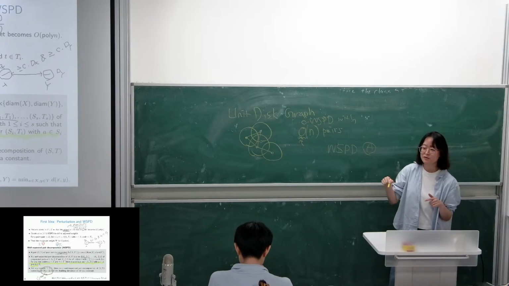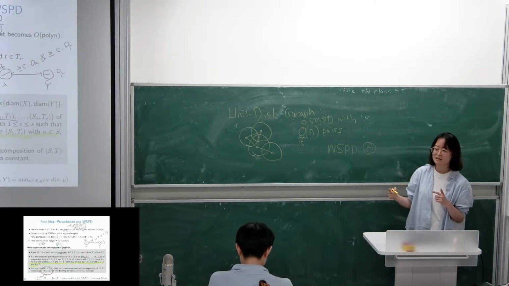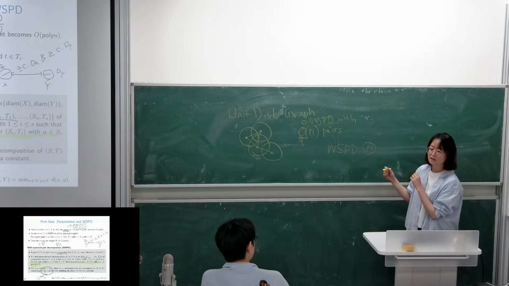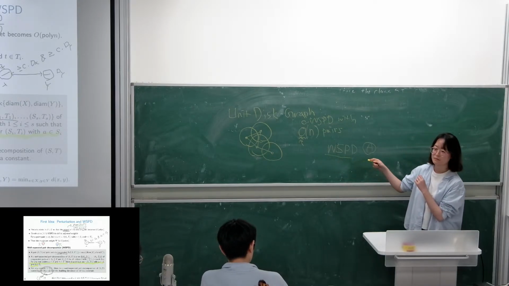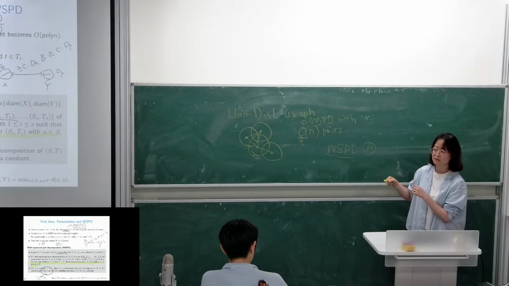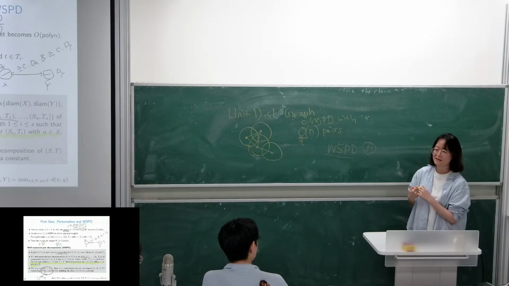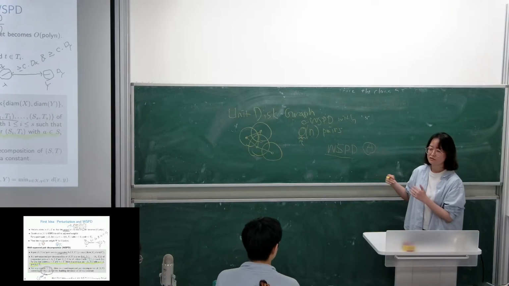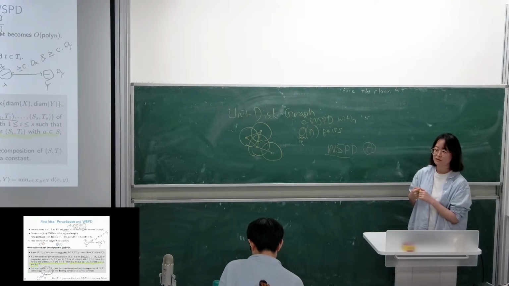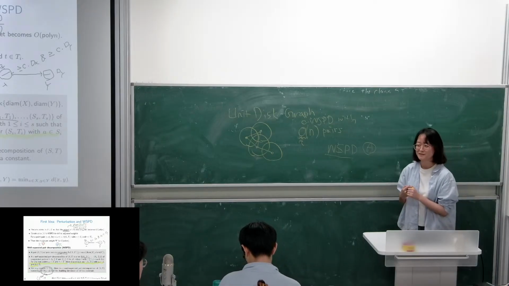But in our case, we are dealing with a bipartite case, so we slightly modify the original notion of well-separated pair decomposition to handle a bipartite case. I think it's possible to extend this notion to deal with a triple case, but I'm not sure at this moment.